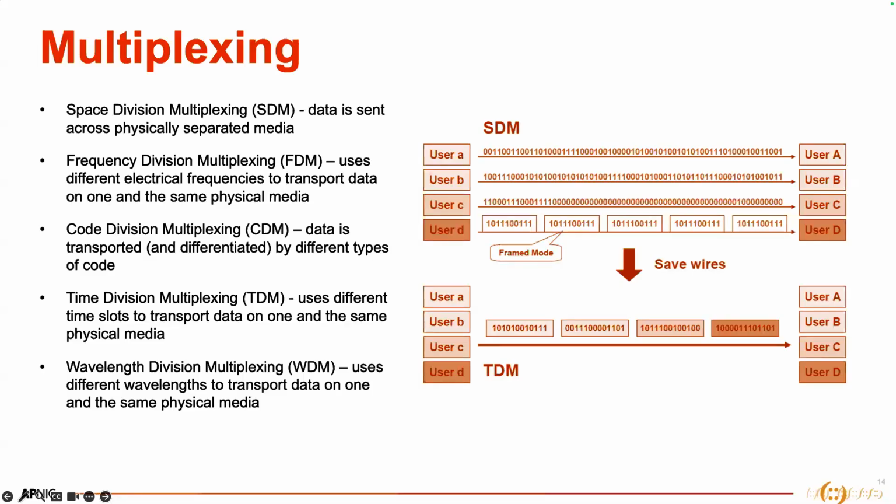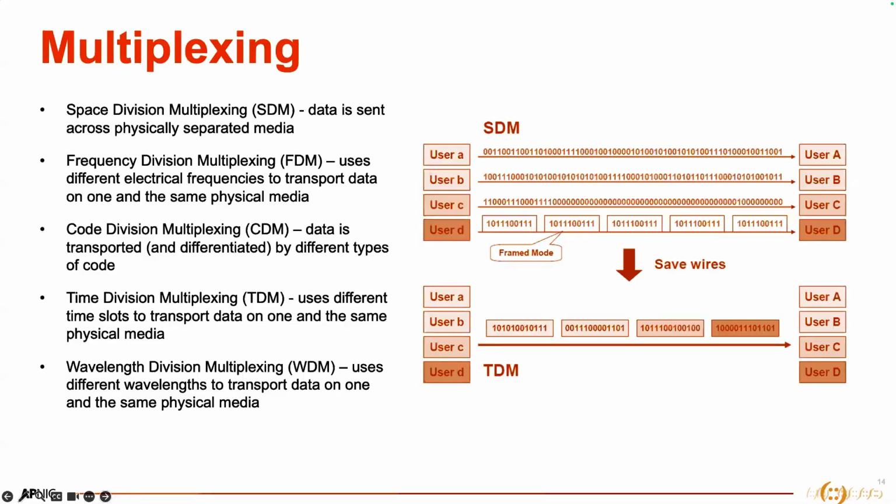But at the destination end, we do the reverse process. We break that one signal and retrieve all the data for the different destinations, right? So this is what we call demultiplexing. Multiplexing and demultiplexing are the two ideas that blend together.